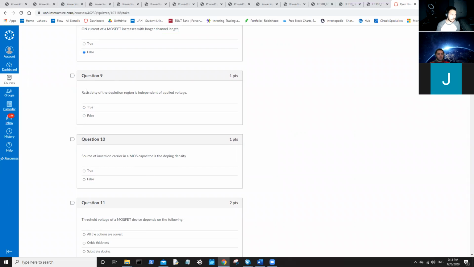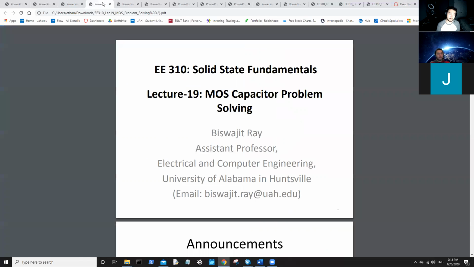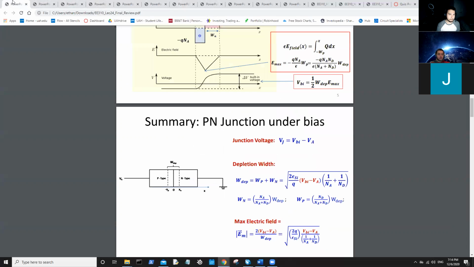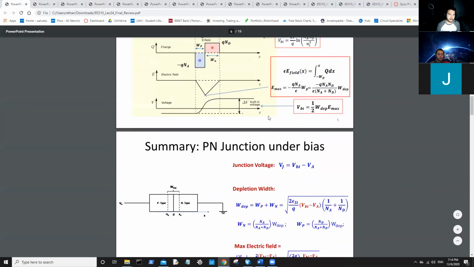Then we have question 9, resistivity of the depletion region is independent of applied voltage. So this is false, it is not independent, and there's an equation for this. Was it up here? It might be in here.